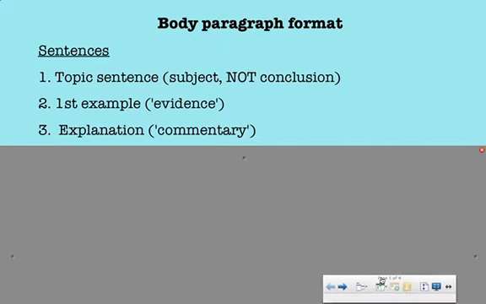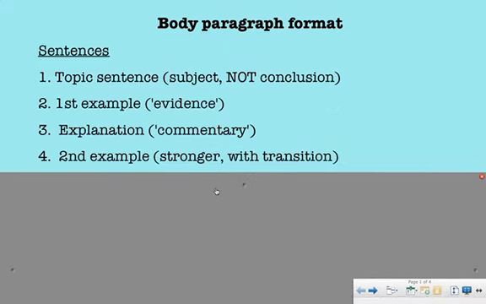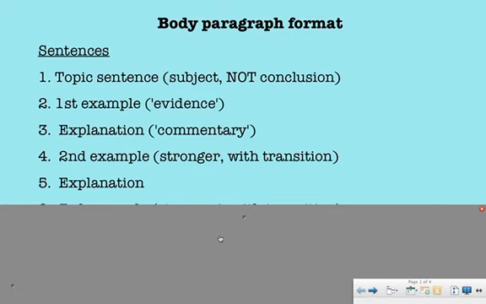Once you've got that format down, you're essentially going to repeat it for each of the other two main points or details or pieces of evidence that you use. Include your second example, and remember, as we already know, we're building up to our strongest piece of evidence. So use a transition to go from the first idea to the second idea and explain it.